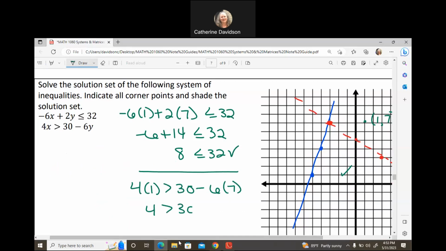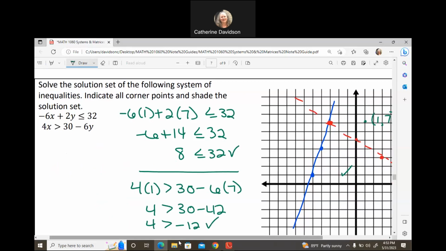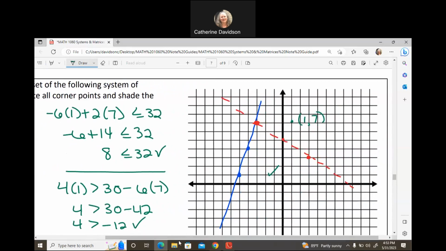It's 4. 6 times 7 is 42. Is 4 greater than -12? That is true. Since both of those are true, you're going to click the paint can right here, and it will actually shade. So any point in this area that you were to use would make both of these true, but both of them have to be true, not just one.